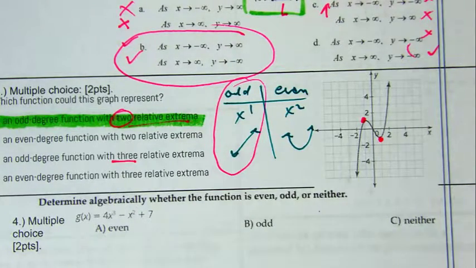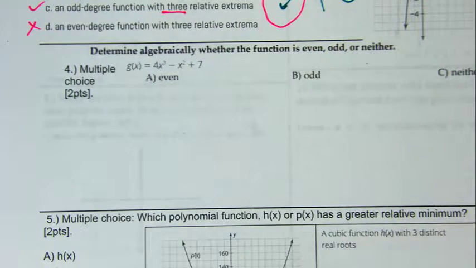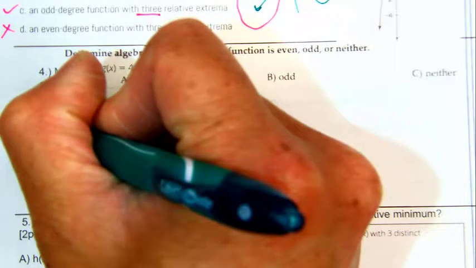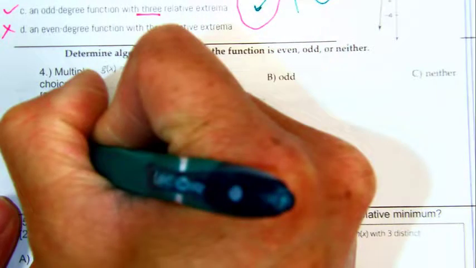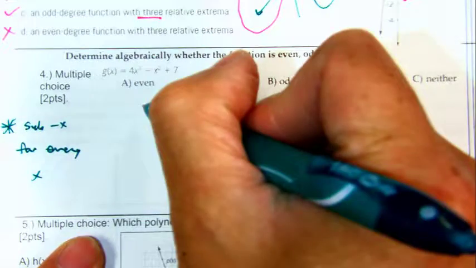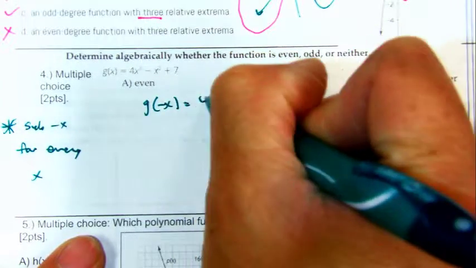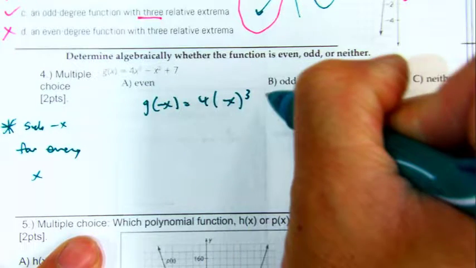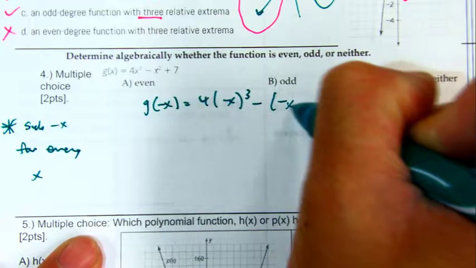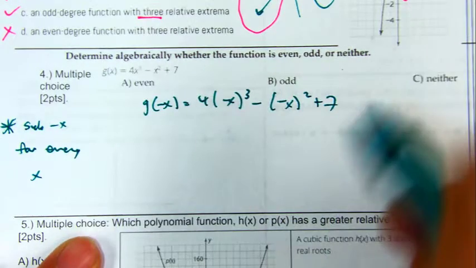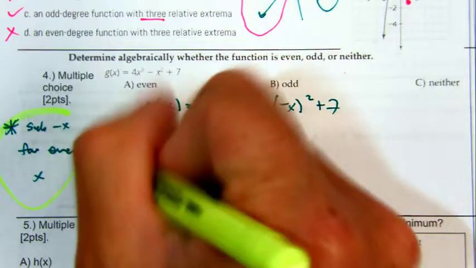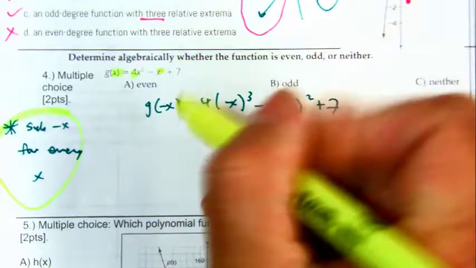Question number 4. Determine algebraically whether the function is even, odd, or neither. This is the one where we plug in negative x for every x value, and we compare it. So I'm going to put in negative x here. You'll notice that every x value here, I did that right here.